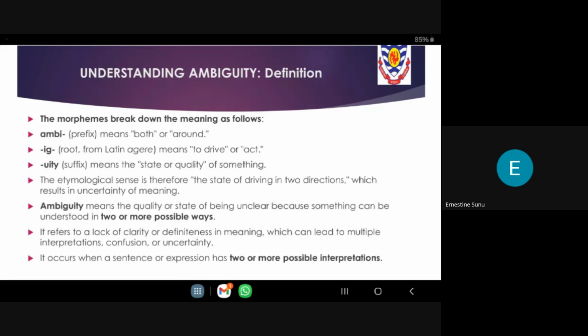Then the ity at the end is a nominal morpheme. So it's telling us that it has to do with any form of structure that gives two or more meanings to the listener. So that is simply what ambiguity means. Two or more interpretations given to a particular utterance. Thank you. Please, the next one.